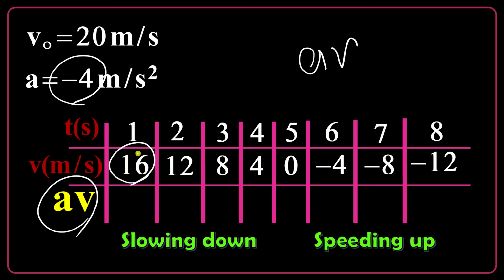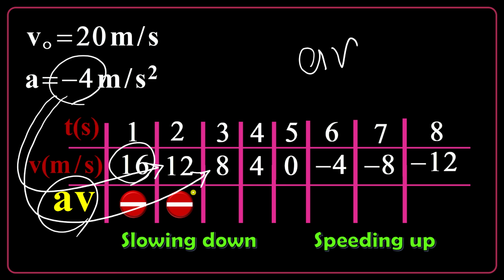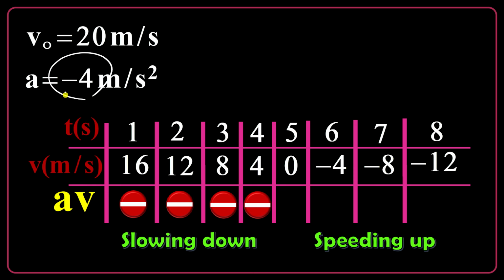It will necessarily be a negative value. AV, whatever, is negative. Again, negative 4 multiplied by 12 will be a negative number. Negative 4 multiplied by 8 will again be a negative value. Then negative 4 is multiplied by 0, it's 0.